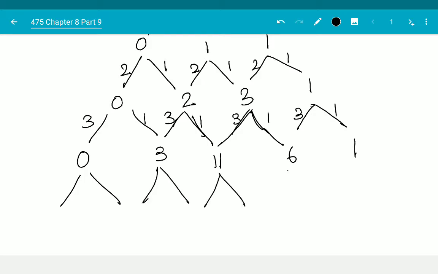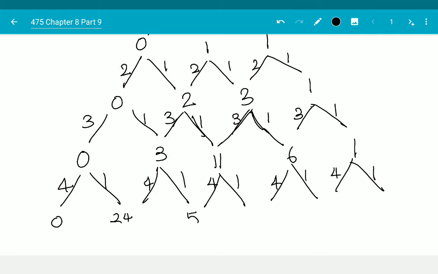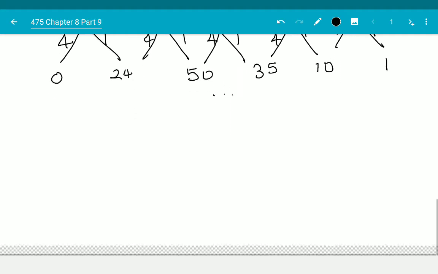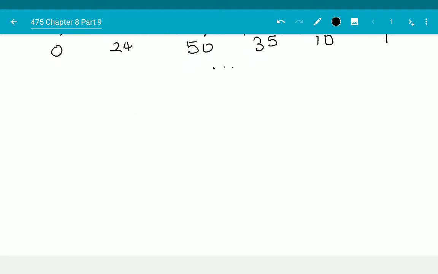Let's do it just for the sake of it: 4, 1, 4, 1, 4, 1, and I get 0, 24, 50, 35, 10, 1, and so on. Okay, so this is the pattern that is generated for Stirling numbers of the first kind.